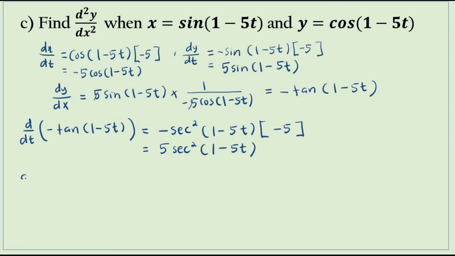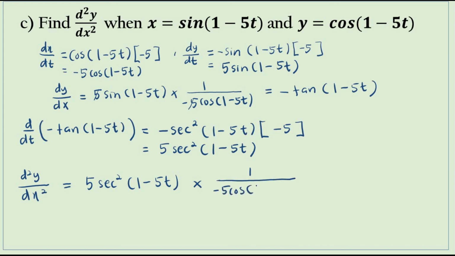Now let's substitute into the second derivative chain rule. Finally d squared y over dx squared is equal to 5 secant squared of (1 minus 5t) times dt/dx, so 1 over negative 5 cos of (1 minus 5t). The 5 can be cancelled out. 1 over cos is secant, so this simplifies to negative secant cubed of (1 minus 5t).